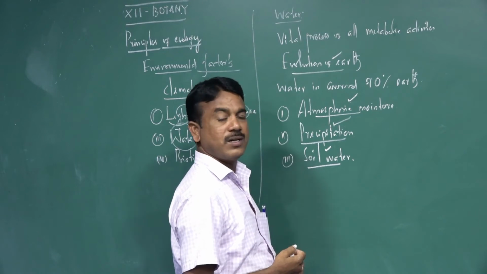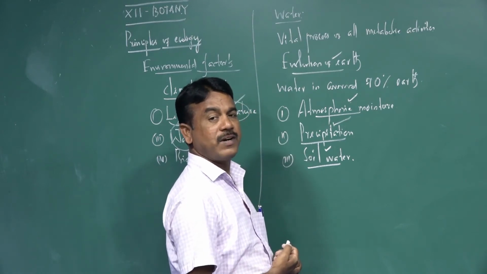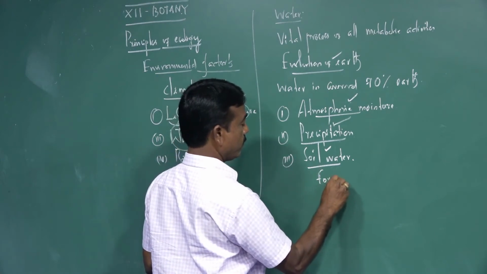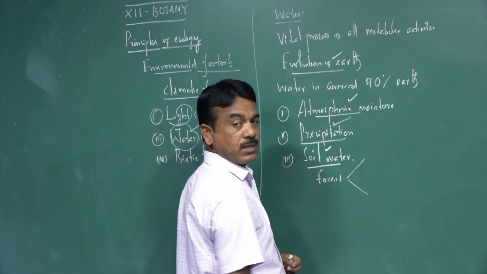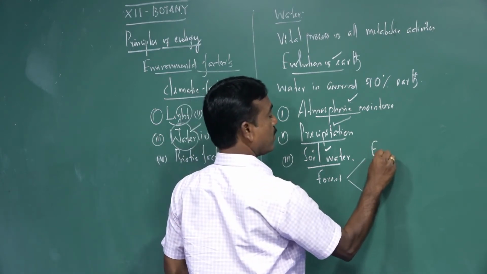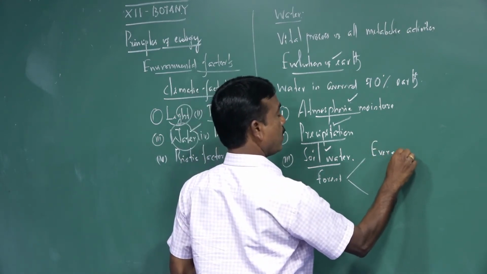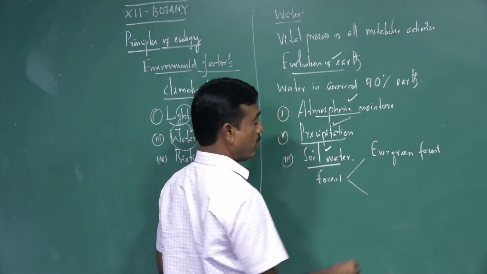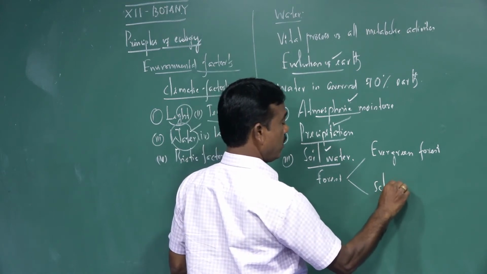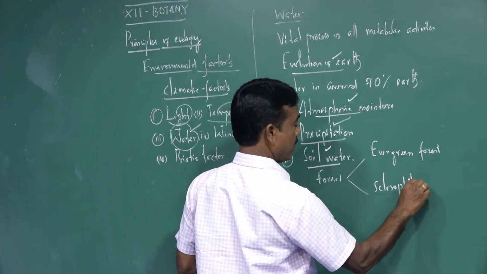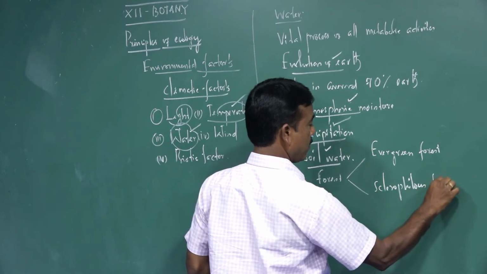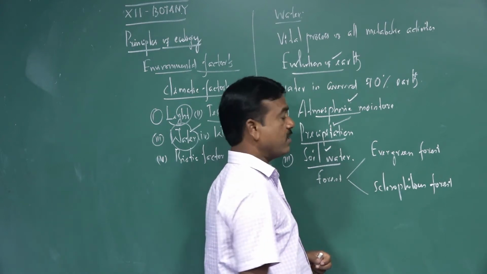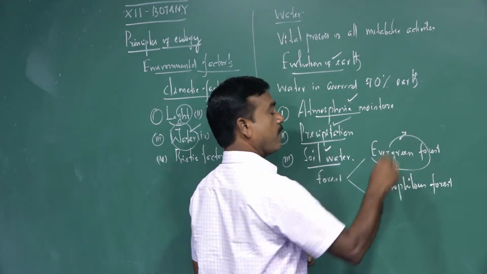Based on the nature of rainfall, forests can be classified into two types. One is evergreen forest. Second is sclerophyllous forest. How do we define an evergreen forest?